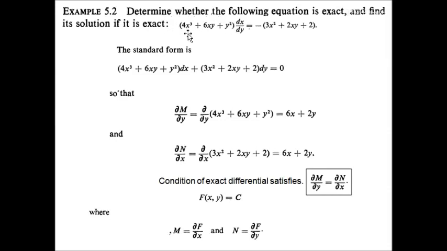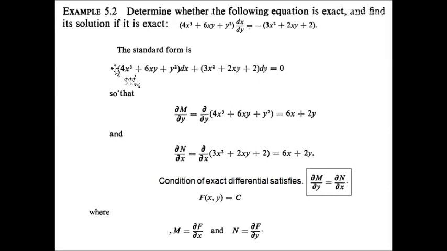Within the bracket I can write 4x cube plus 6xy plus y square into dx, equal to minus of 3x square plus 2xy plus 2 into dy. Now if you separate x and y, let us put dy on the right hand side. I can write the standard form of this equation as 4x cube plus 6xy plus y square into dx plus 3x square plus 2xy plus 2 into dy equal to 0.